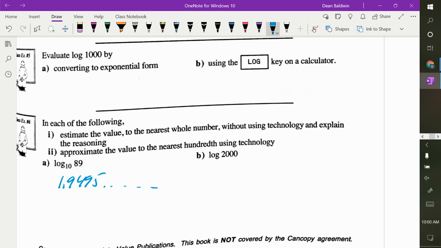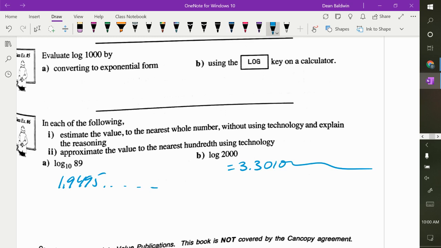I need some. You can have mine. Just use this one. This one's special. Just kidding. What's log of 2,000? 3.3, whatever. Who cares?